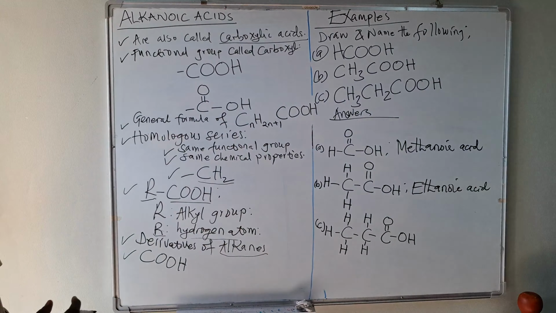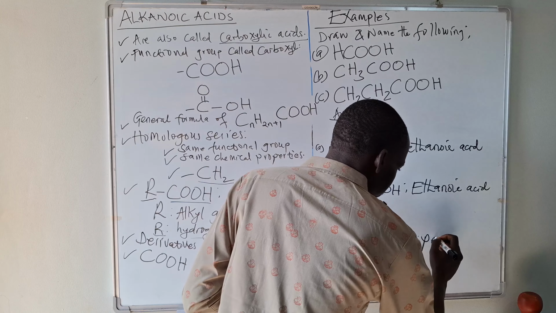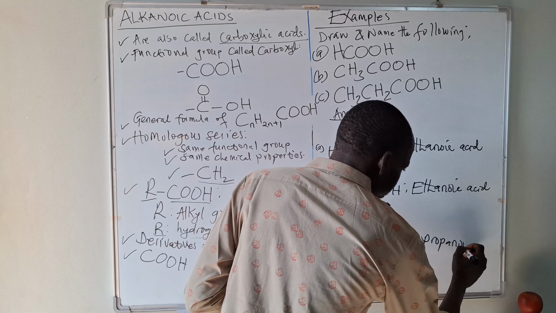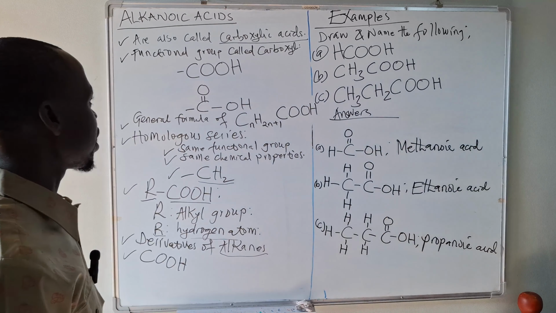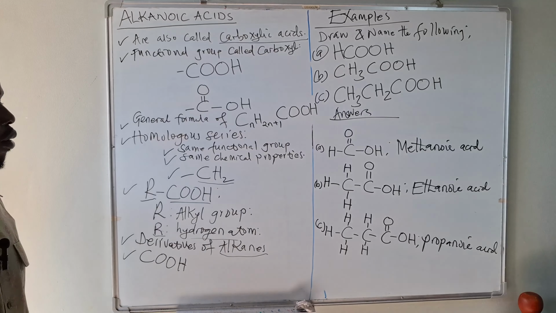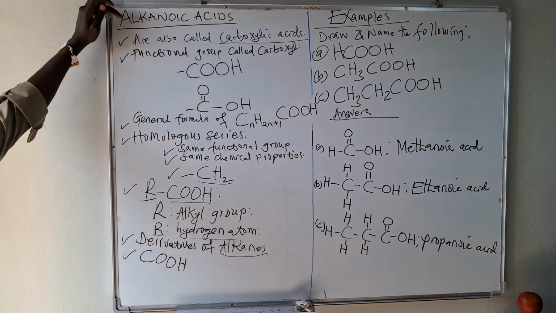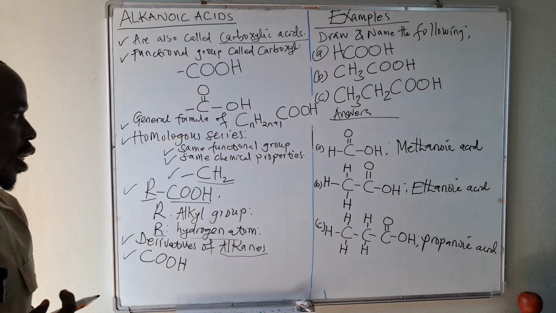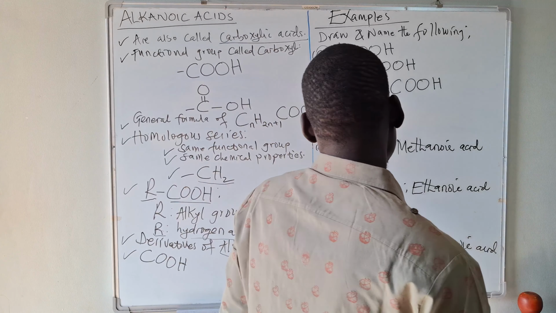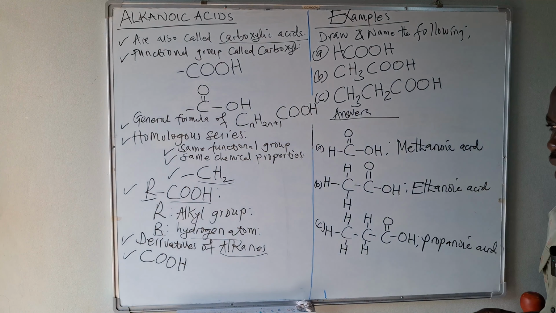So this is what we call propanoic acid. So those are the examples of alkanoic acids, or sometimes we call them carboxylic acids. You'll be in a position to relate them and come up with that kind of drawing.